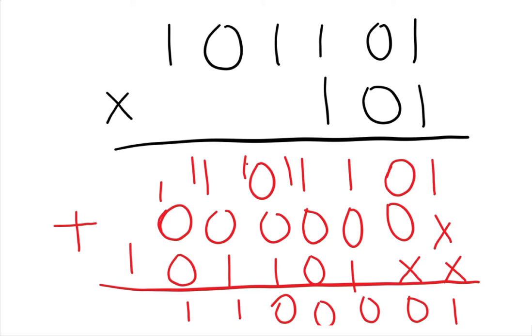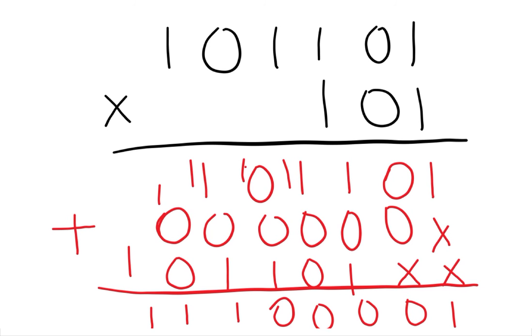And 1 plus nothing will come down. So our answer for 101101 multiplied by 101 is 111000001. And that's how you multiply any binary numbers together.